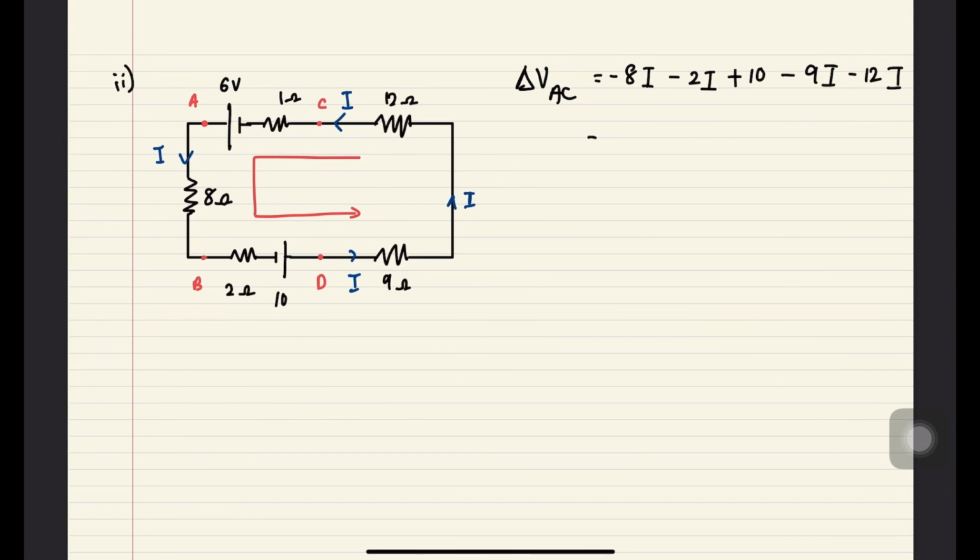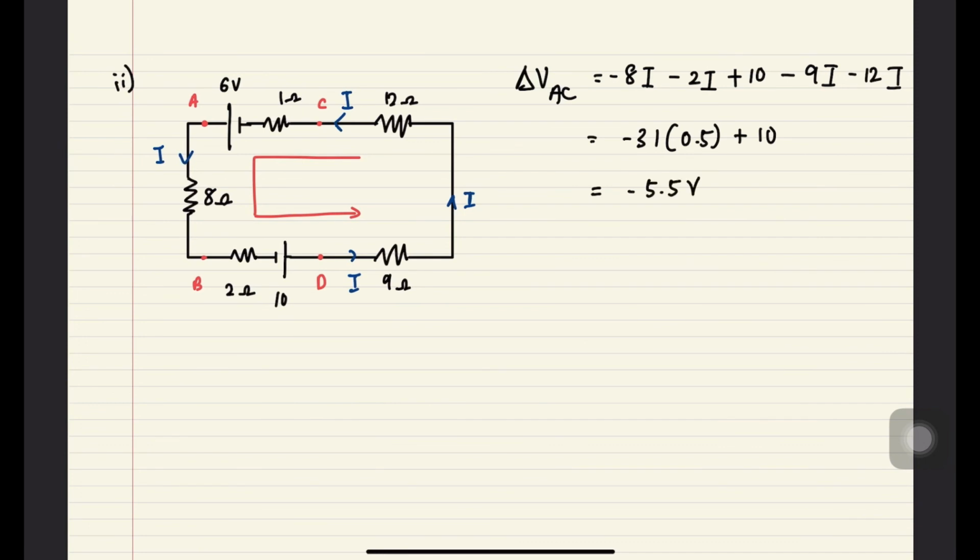Now you have 8 plus 2, 10, negative 10, negative 22, negative 31. Let me recheck this: 8 plus 2 plus 9 plus 12, negative 31. I is equal to 0.5, plus 10. So I got here negative 5.5 volt.